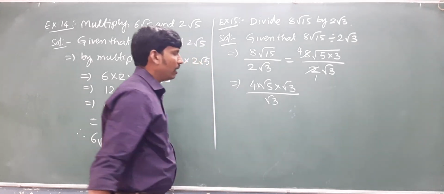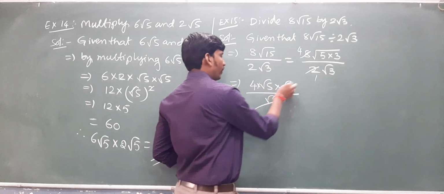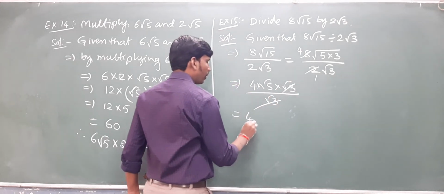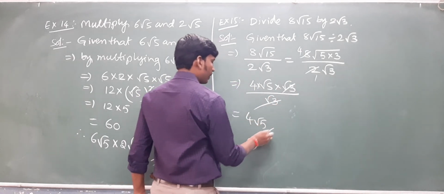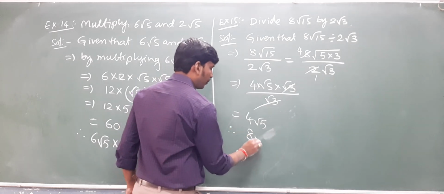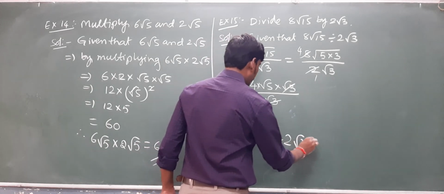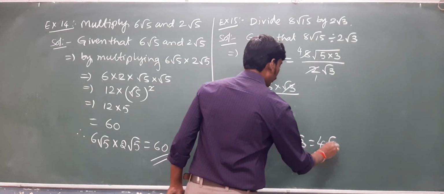Now see this here. In the numerator and denominator we have root 3, root 3. We can cancel both the values. What is the value here? 4 root 5. So therefore here we got an irrational number. So 8 root 15 when we divide by 2 root 3, the answer will become 4 into root 5.